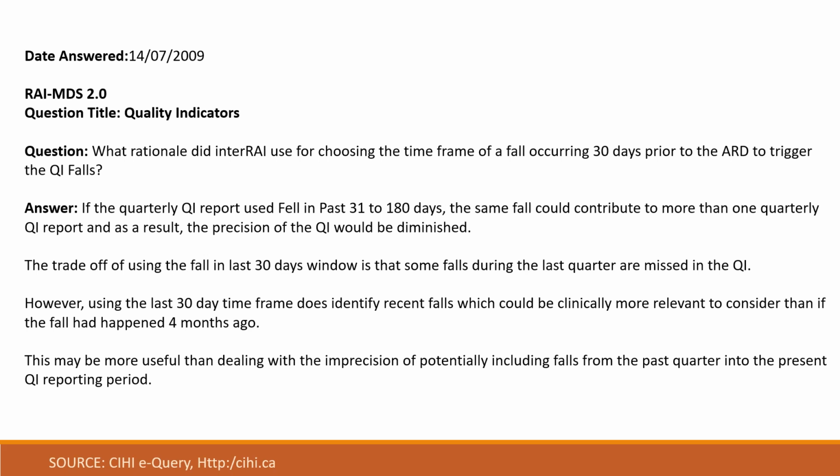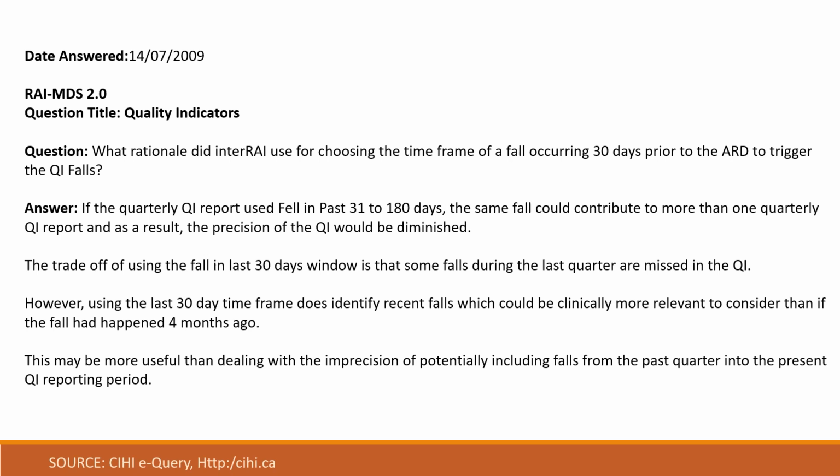And they're saying if the quarterly QI report used fell in the past 31 to 180 days, the same fall could be contributed to more than one quarterly report. And so the concern for CIHI was to not pick up things that happen in more than one quarter when it's the same fall. So the 31 to 180 day indicator is not used.